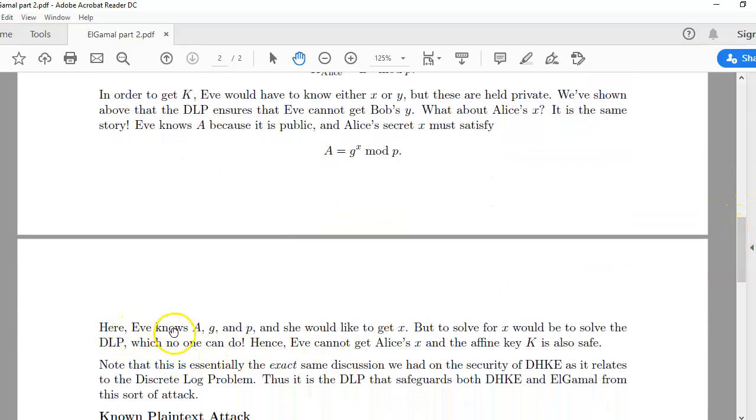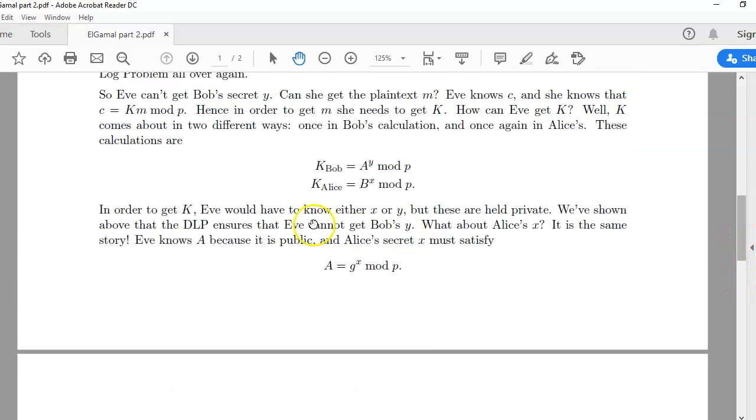Well, no, because that is once again a discrete log problem. To solve for X in this equation would be to solve the discrete log problem, which no one can do. Hence Eve cannot get Alice's X, and as a consequence she also can't get the affine key K, and because she can't get the key K, she also can't get the plain text.